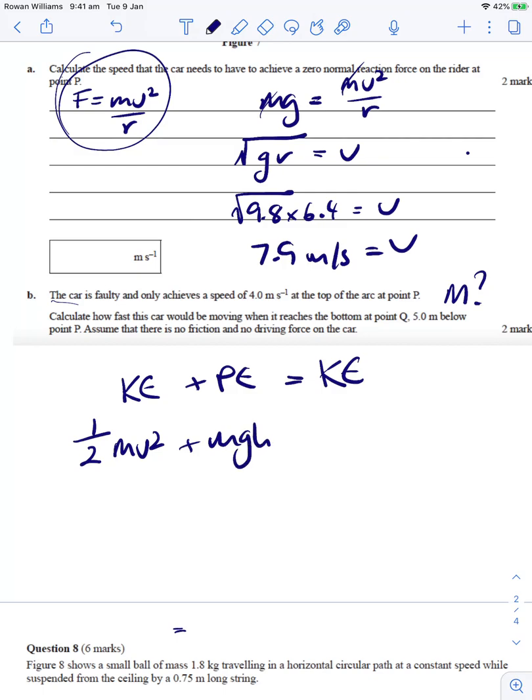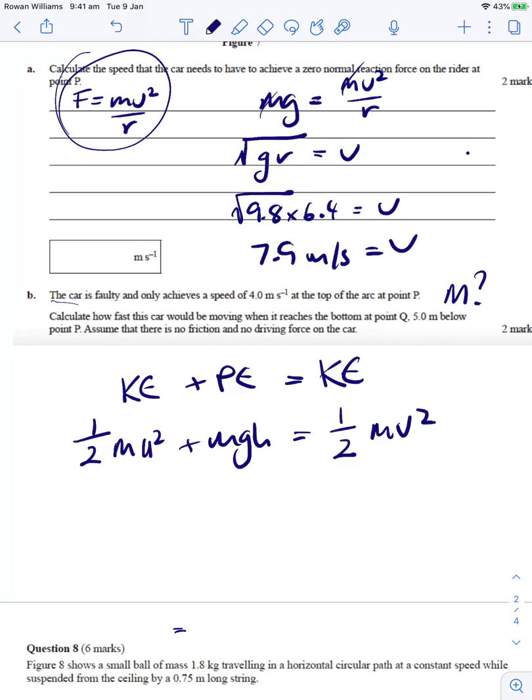And I must admit, when I first looked at this, I wasn't really sure how this one would work out. But if you're not given mass, and you've got something like this, it's definitely worth writing your equations in because it might come to you in the end. A half, I might actually swap this to, we'll call this the initial speed, mu squared. And we'll call this mv squared, just so we can tell the difference.